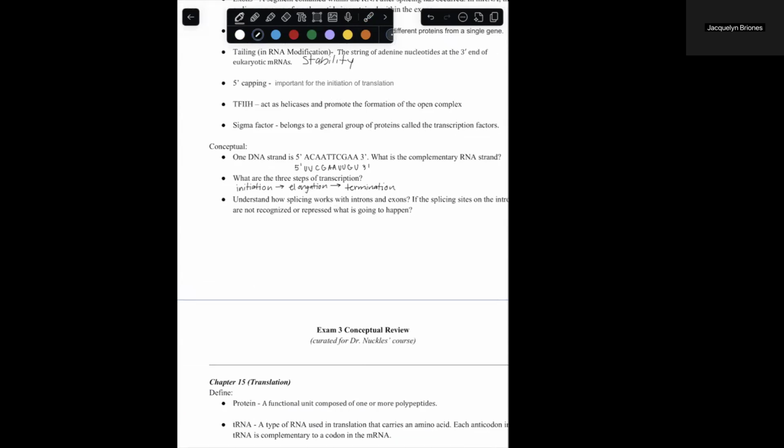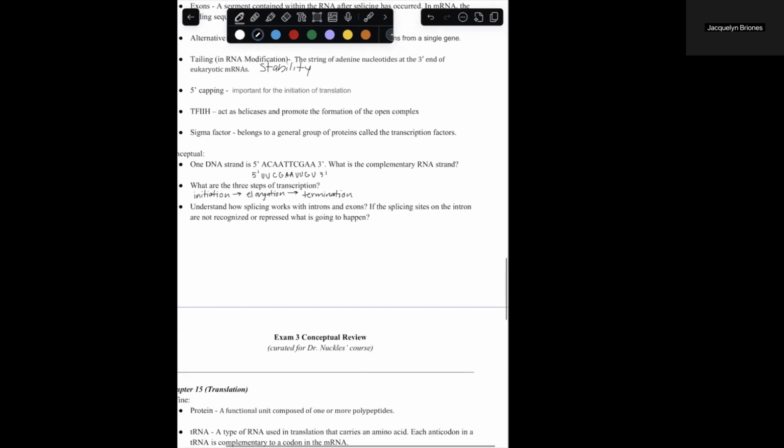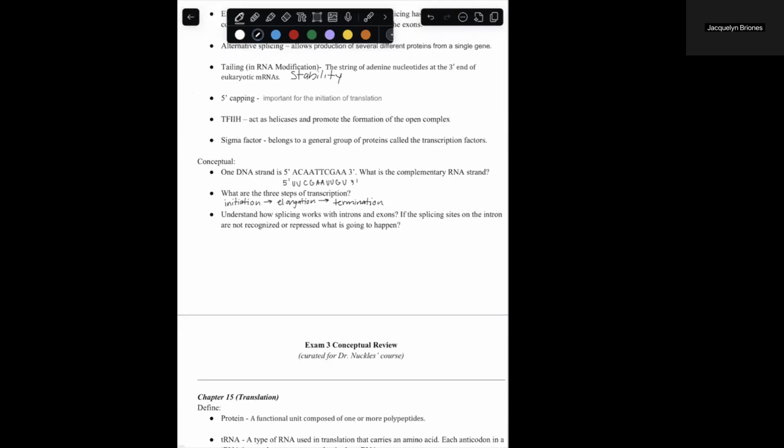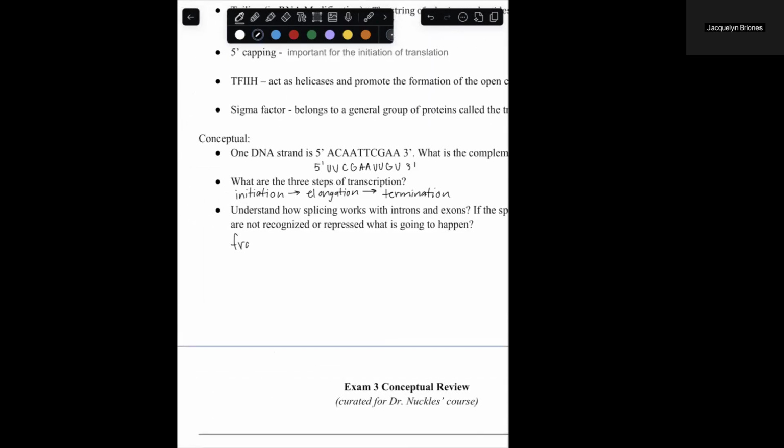Okay, understand how splicing works with introns and exons. If splicing sites on the intron were not recognized or were repressed, what is going to happen? If an intron is not removed and is still in the mRNA, this can lead to a frameshift mutation. And then it can just mess up the whole thing.